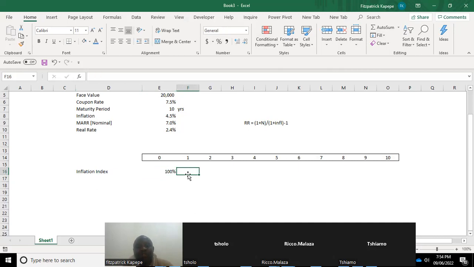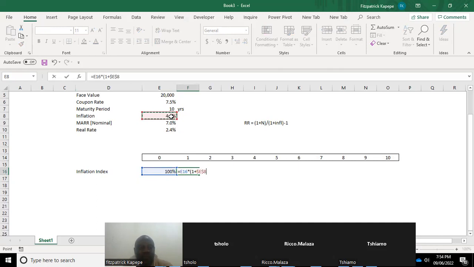Then at the end of the year, inflation will grow by 4.5%, and it will continue growing by 4.5% as we move on. So we are going to have this 100% times open bracket 1 plus 4.5% inflation.